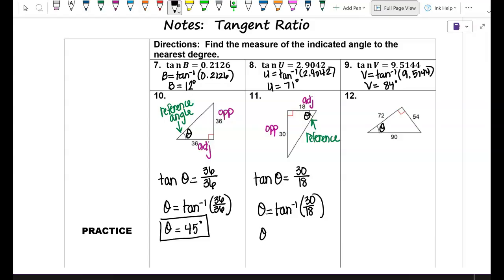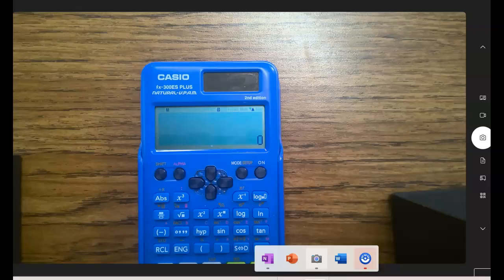And again, I'm going to let the calculator do all that work at once. I don't care what the ratio is for 30 divided by 18. I'm going to let the calculator figure that all out at once.